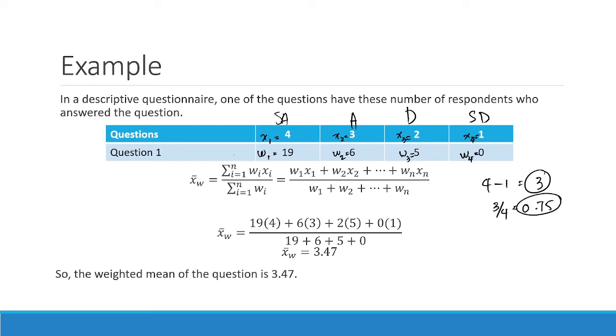What does that mean? It means from 1 up to 1.74. This will be our interval. This will be equivalent to strongly disagree. And from 1.75, up to what is 1.75 plus 0.75?